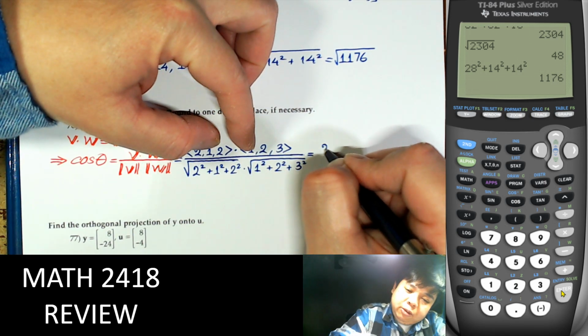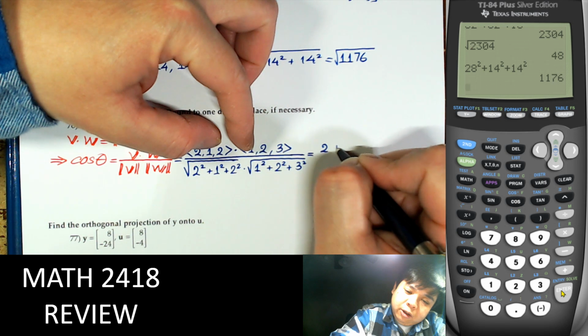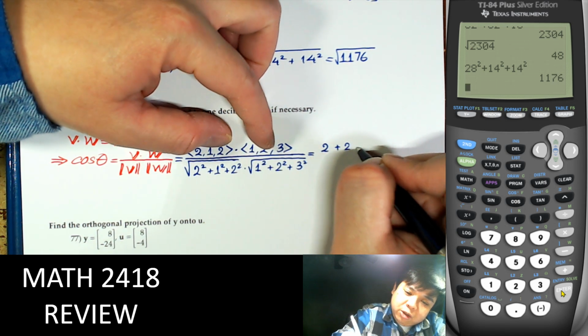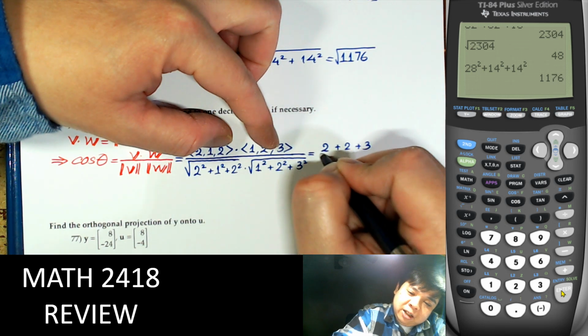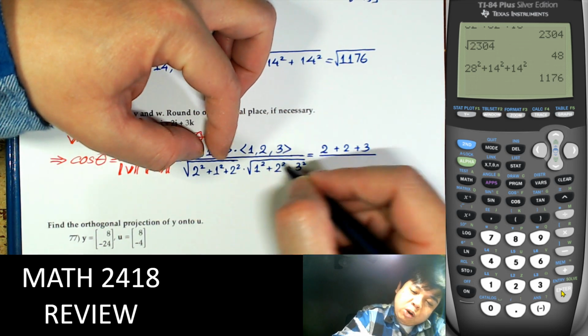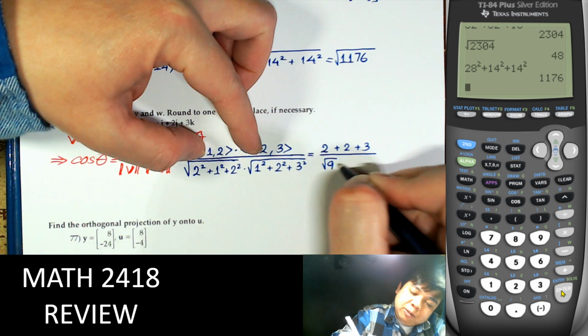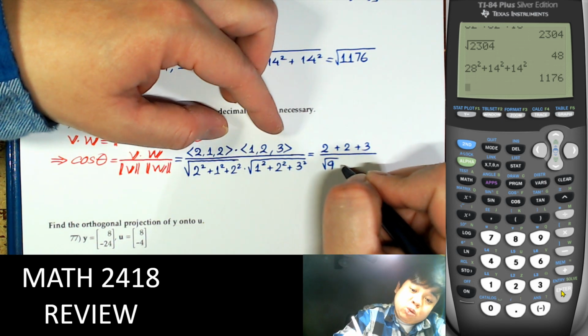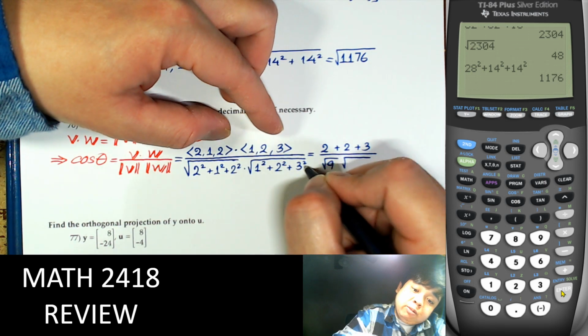That gives us 2 times 1 plus 1 times 2 plus 2 times 3. So that's 10. And this is the square root of 9, which is 3. And then the square root of 14.